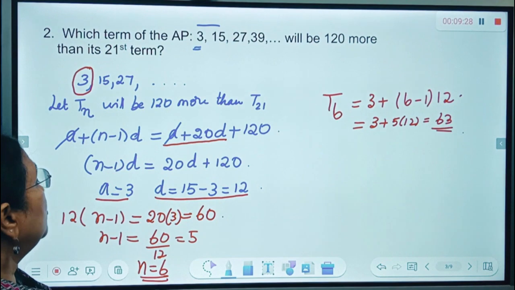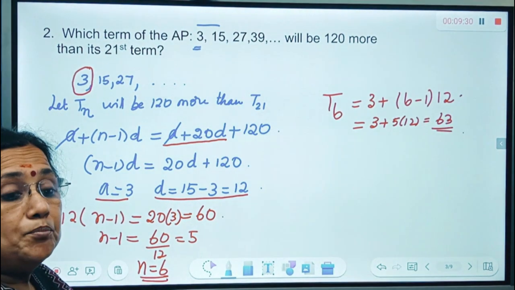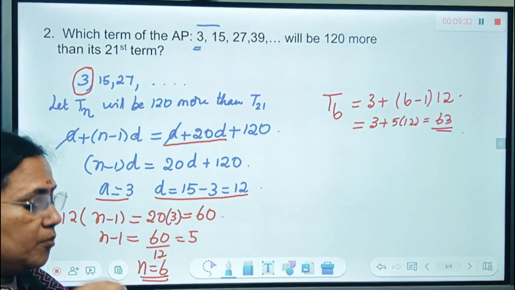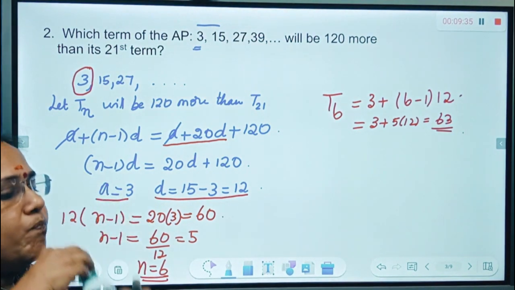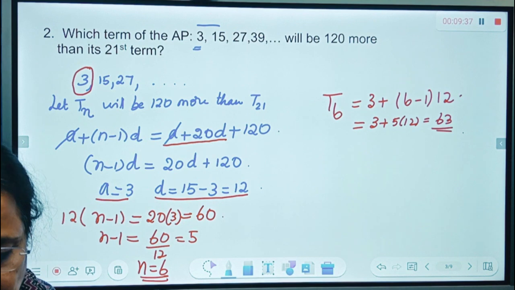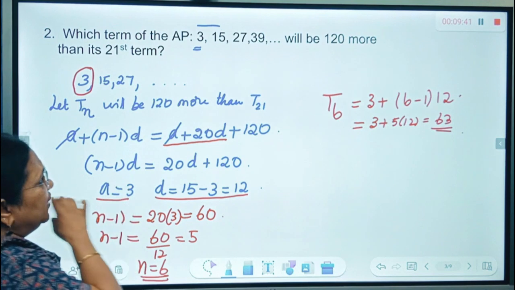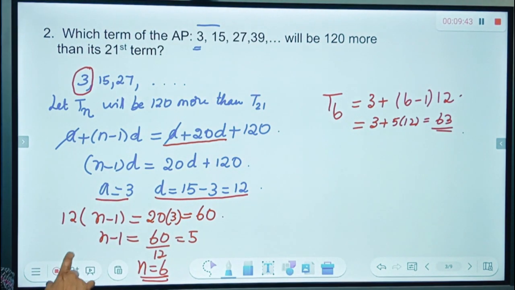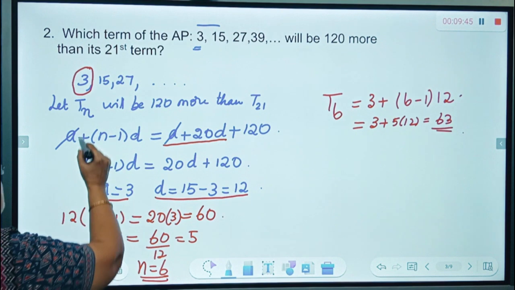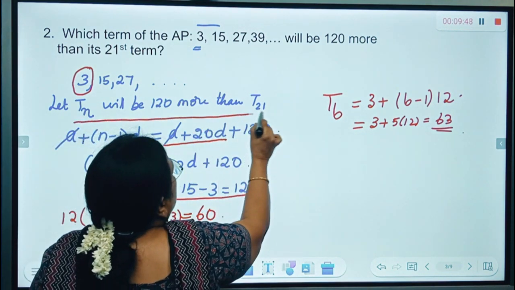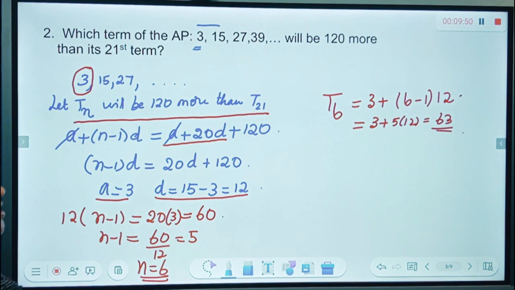Are you able to follow? So you must know how to interpret the given language of the problem. Once you understand what is given, here what is given? That Tn is 120 more than T21. And what is it that you need to find?